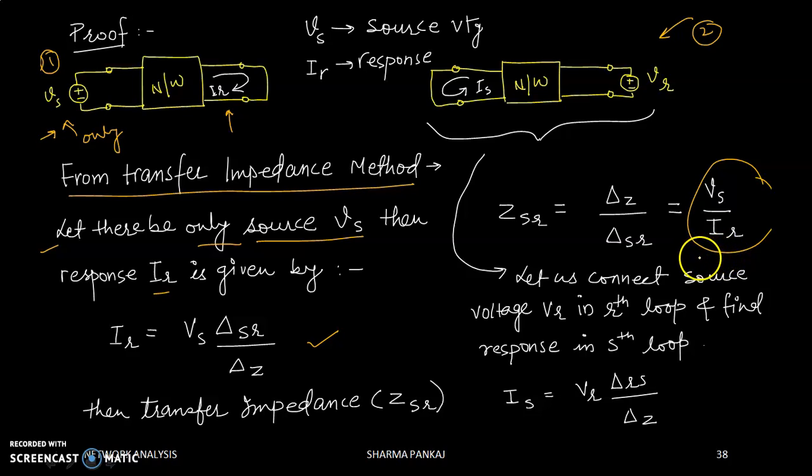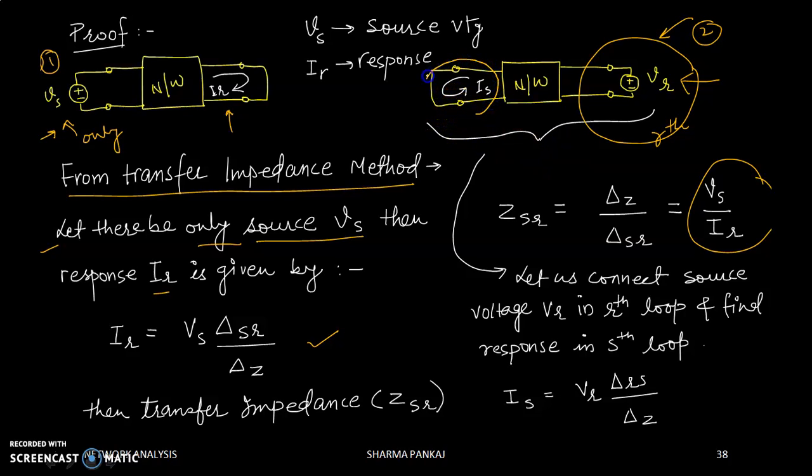Z_SR is equal to delta Z upon delta SR, which is equal to Vs upon IR. Let us connect a source voltage VR in the Rth loop. Suppose this is the Rth loop, and we are connecting a source voltage VR in it, and we are calculating the response in the Sth loop.